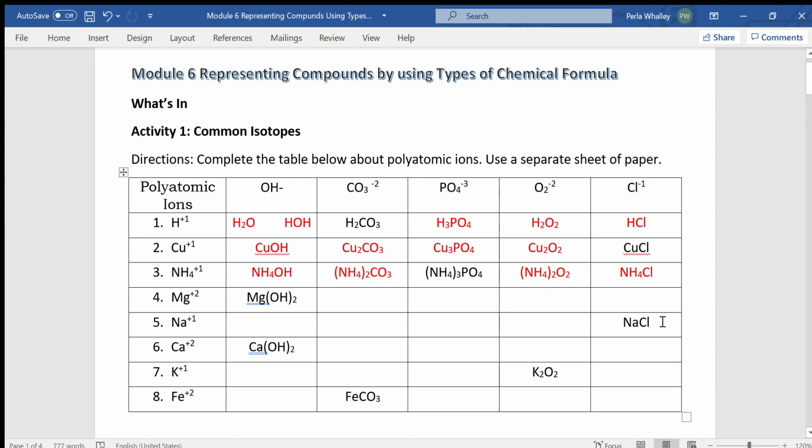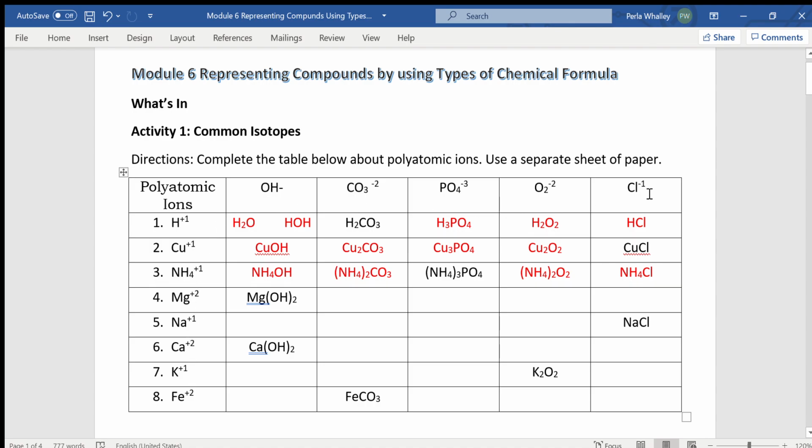Welcome everyone to another video episode for General Chemistry 1: representing compounds by using types of chemical formulas. For activity 1, we will complete this table by pairing cations in the first column and the anions in the first row.